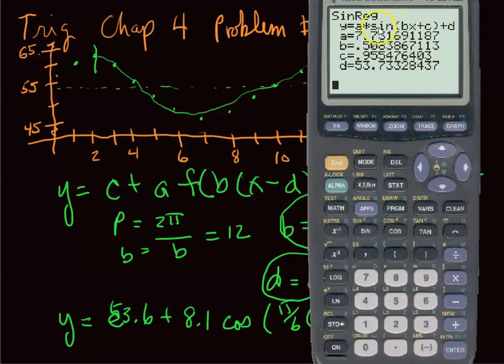Notice here they use sine instead of cosine, so ours are going to be different. Also notice this b is not factored out. It's just bx plus c inside here, and they switch the c and the d. So you can't use this exactly as is, but if you wanted to, you could. Except for the cosine, ours is cosine. But some of these can be close. Notice the d on the outside is like the c on our outside. We said 53.6, they said 53.7.